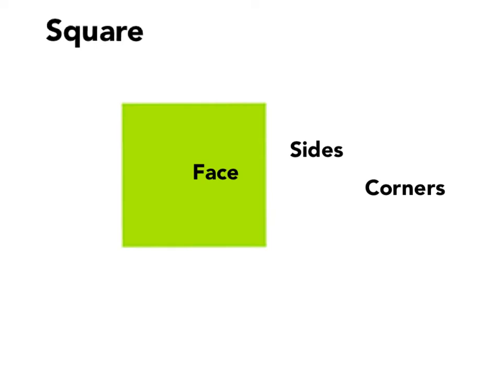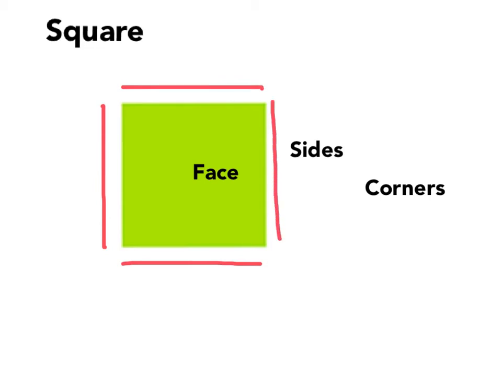The sides are the lines that form the outline of the shape. Let's count how many sides there are on the square. 1, 2, 3, 4. Now these sides are straight. They also are equal in length. That means they all measure the same.